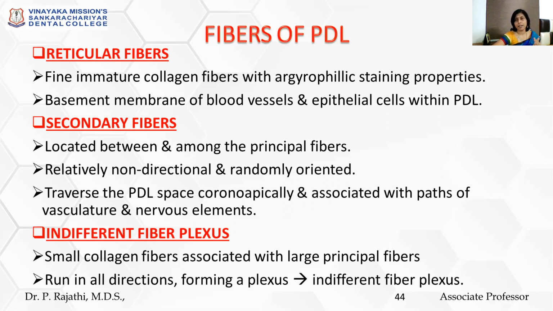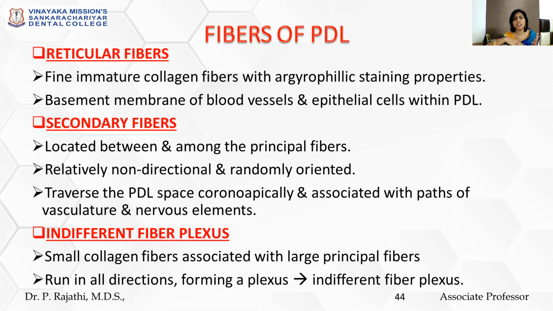Next is secondary fibers. These secondary fibers are located between and among the principal fibers. So from the principal fibers, they are going to arise, right? And the direction is relatively non-directional and randomly oriented. It's very haphazard, so it doesn't have any proper course. This will traverse the periodontal ligament space corono-apically, okay, so towards the crown, towards the root.